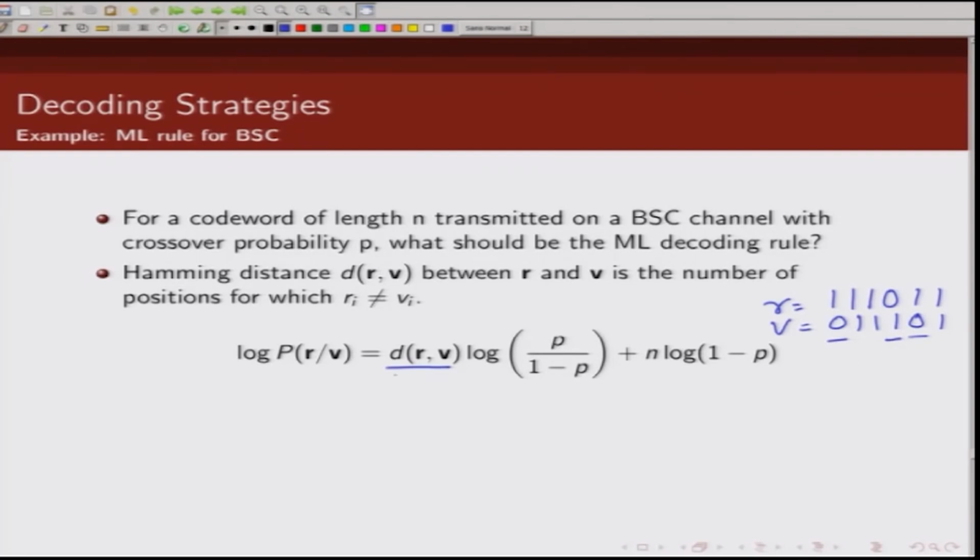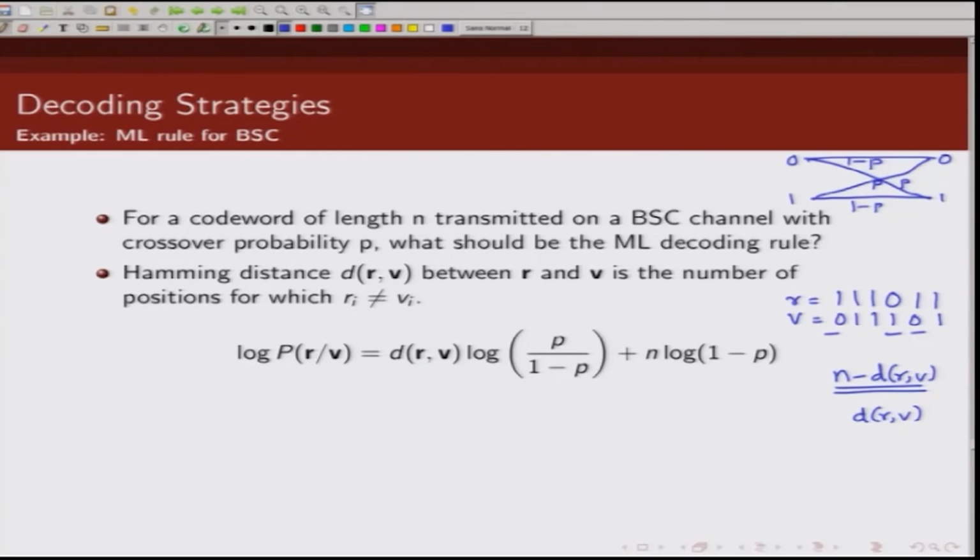So the number of positions that got flipped is denoted by d(r,v), and the remaining number of bits which did not change is n minus d(r,v).